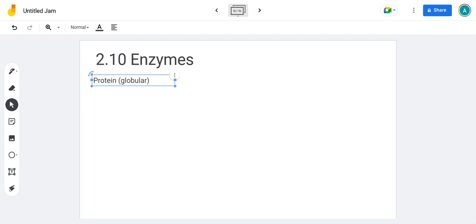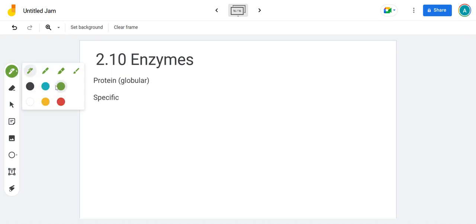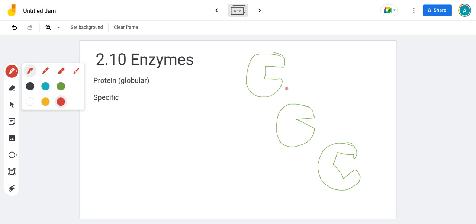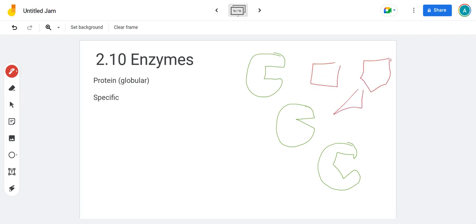Now, enzymes are very, very specific, which is really important. Each enzyme has a different active site. So, in a crude way of drawing it, we could draw an enzyme with an active site like that, and an enzyme with an active site like that, and an enzyme with an active site like that. When we then get our substrates, which might look like this, they only fit into one type of enzyme.